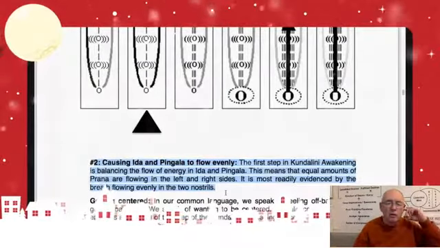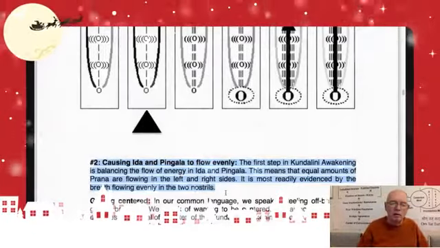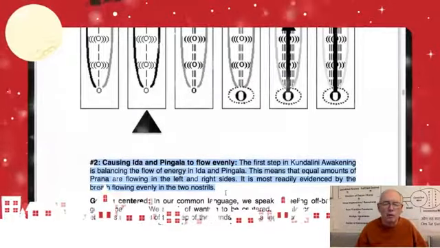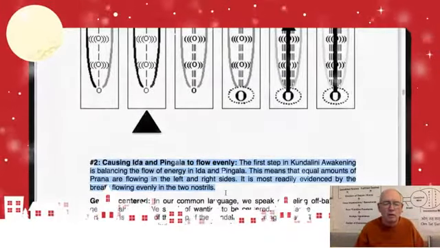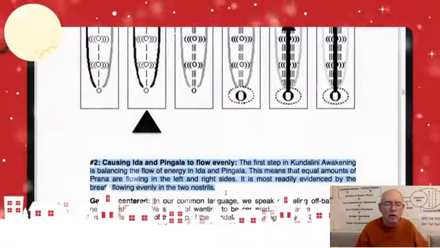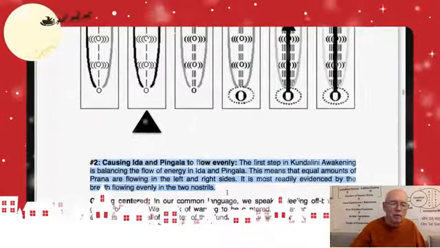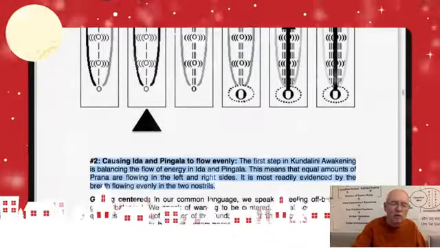So the first step in Kundalini awakening is balancing the flow of energy in the Ida and Pingala. This will sound very familiar to most of you because we talk about Sushumna a lot. This means that equal amounts of prana are flowing in the left and right sides. It is most readily evident by the breath flowing evenly in the 2 nostrils.